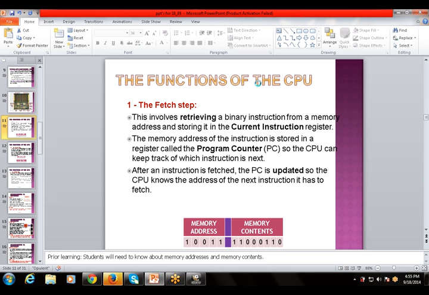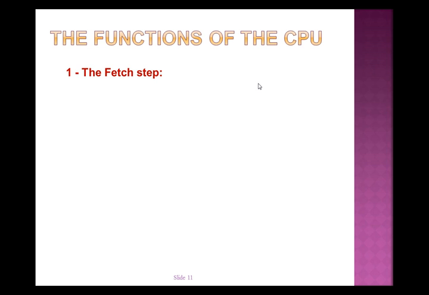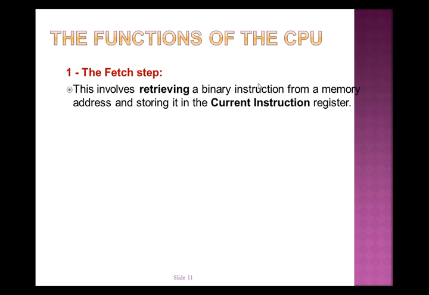Now, what are the functions of the CPU? That is how the CPU works, that is the functionality of the CPU. The first function is the fetch step. Fetch involves retrieving a binary instruction from a memory address and storing it in the current instruction register.